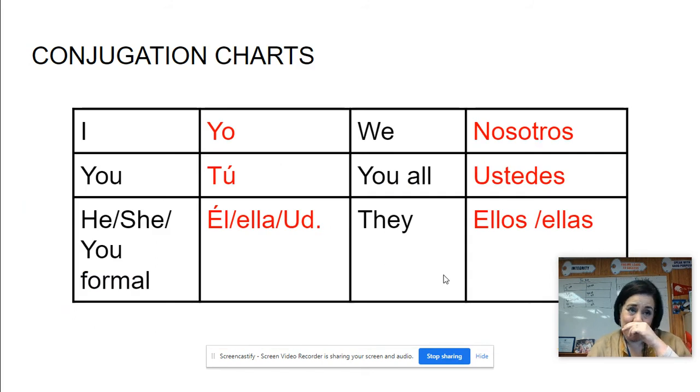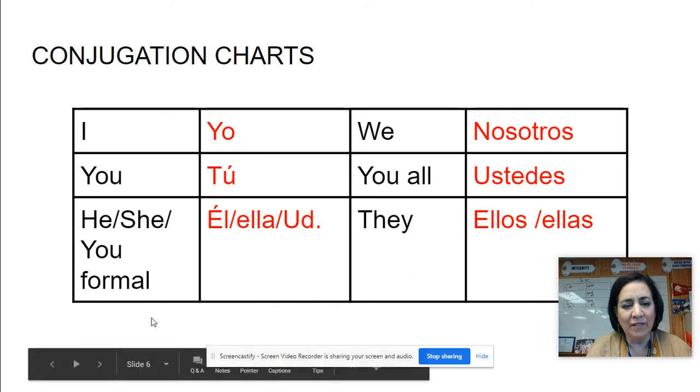Here we go. So we're going to have conjugation charts. In the future, you're going to use some conjugation charts to remind you how to say some things. You can go to these charts anytime you don't remember how to say a verb. Most of the times, you're only going to have the Spanish version of the chart.